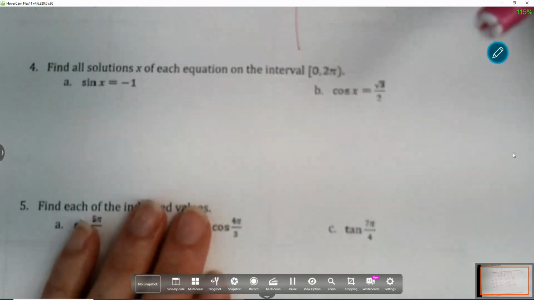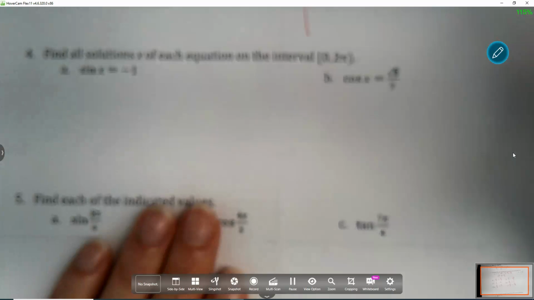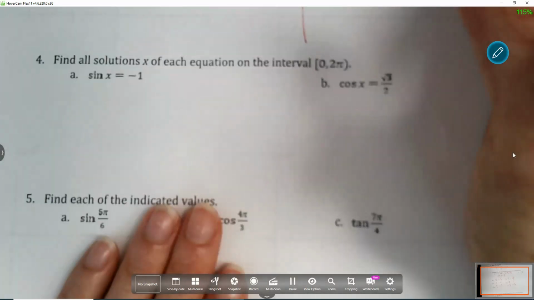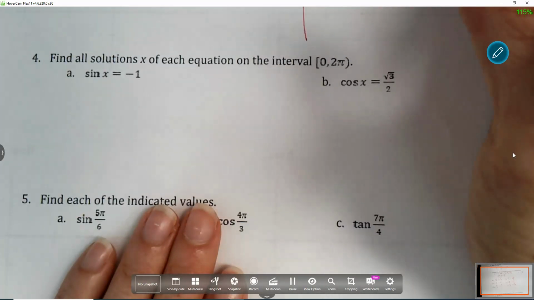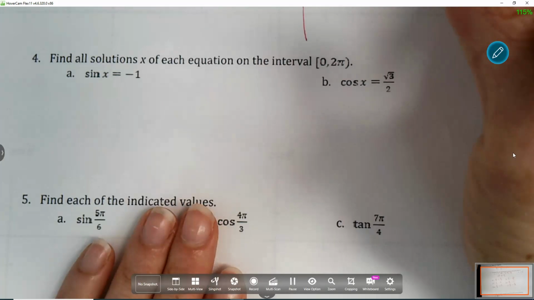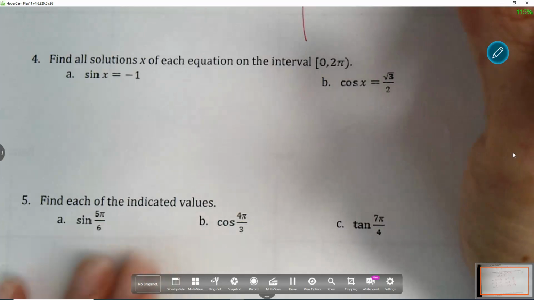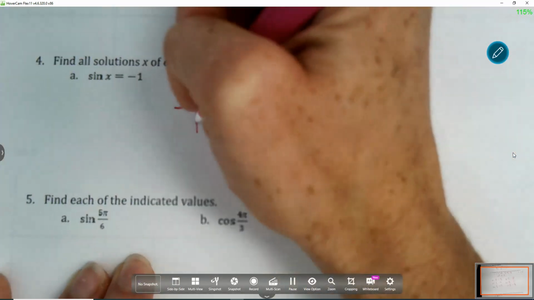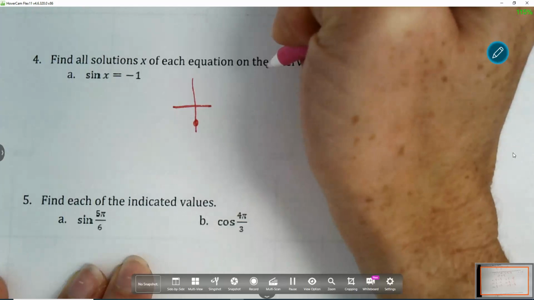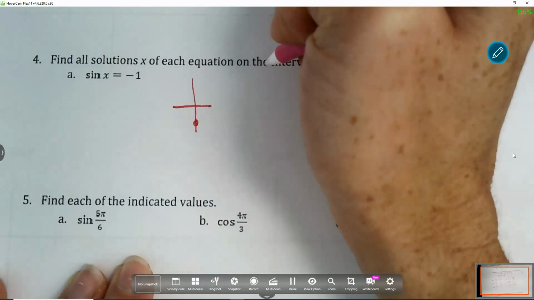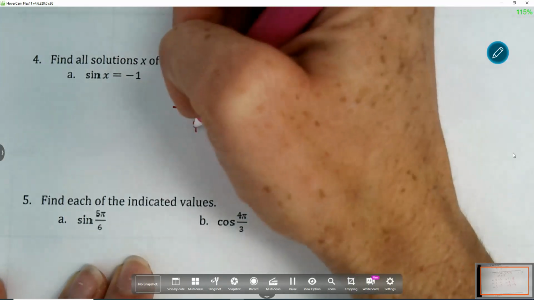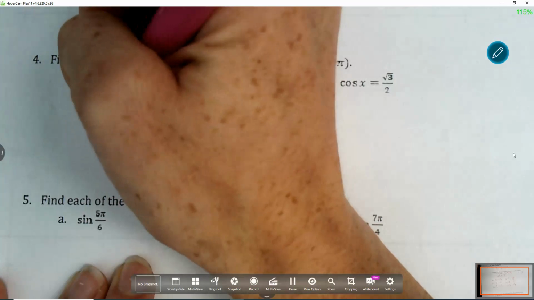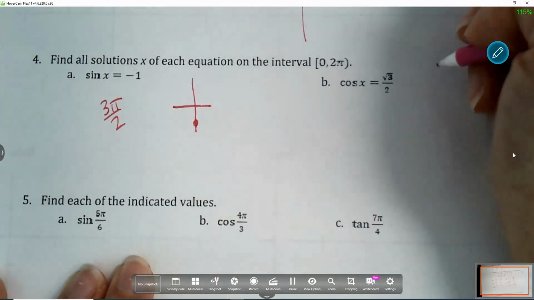All right, let's try this one. If I want everything between 0 and 2 pi. Okay, so when is sine negative 1? Okay, it's thinking about our unit circle. Sine is the y, and it's only negative 1 one time, and that is 3 pi over 2.